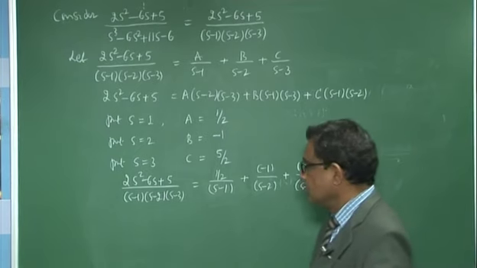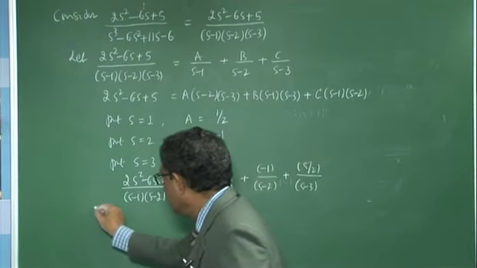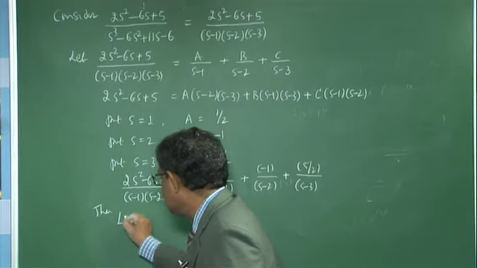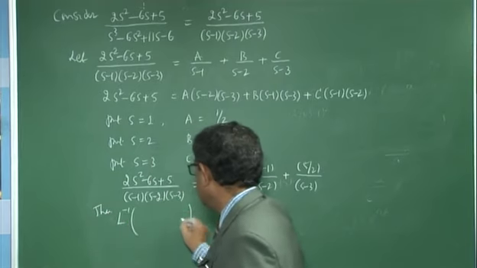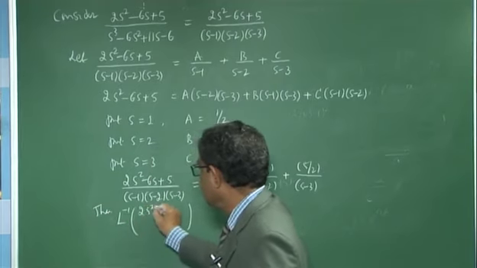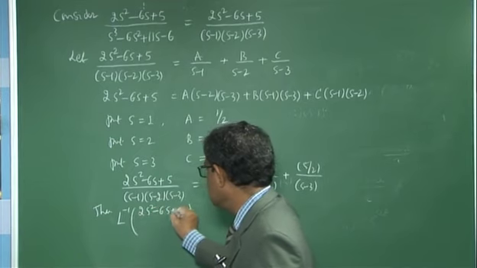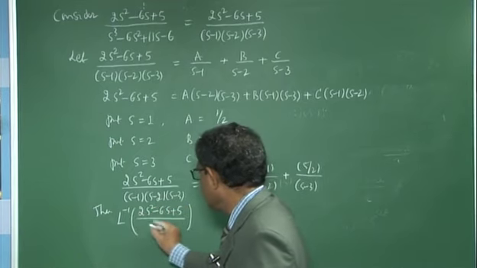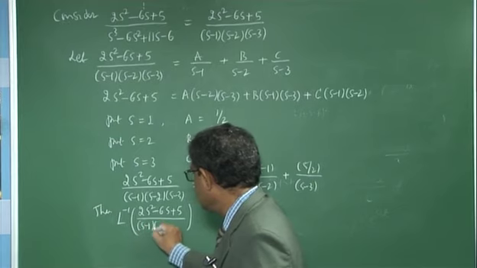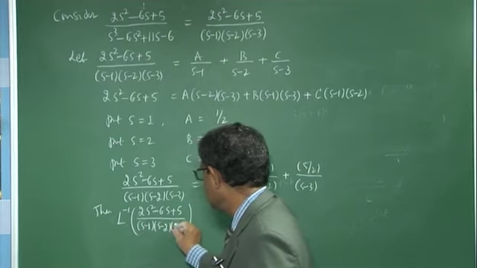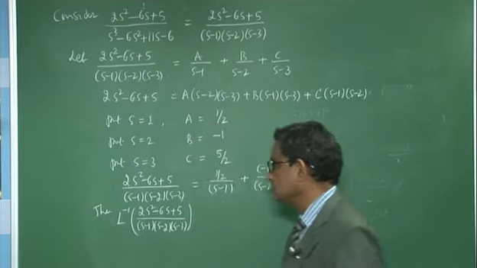Then take the inverse Laplace transform on both sides of (2s² − 6s + 5) / ((s − 1)(s − 2)(s − 3)).